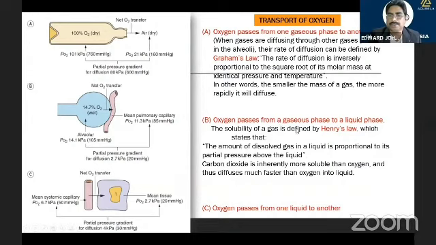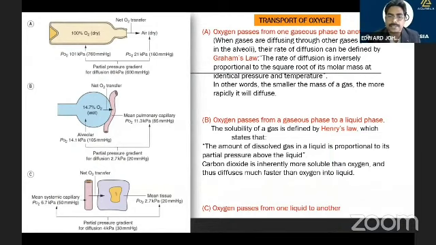Then the oxygen passes from the gaseous phase to the liquid. From the alveoli, it enters into the plasma. Here it obeys Henry's law. What Henry's law states is that the amount of dissolved gas in a liquid is proportional to the partial pressure above the liquid. For example, 0.003 ml of oxygen is dissolved in the plasma when the partial pressure of oxygen is 1 mm of mercury above the plasma.